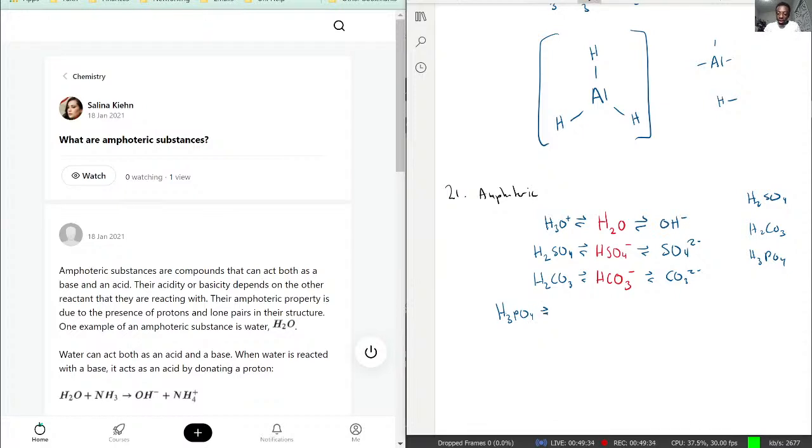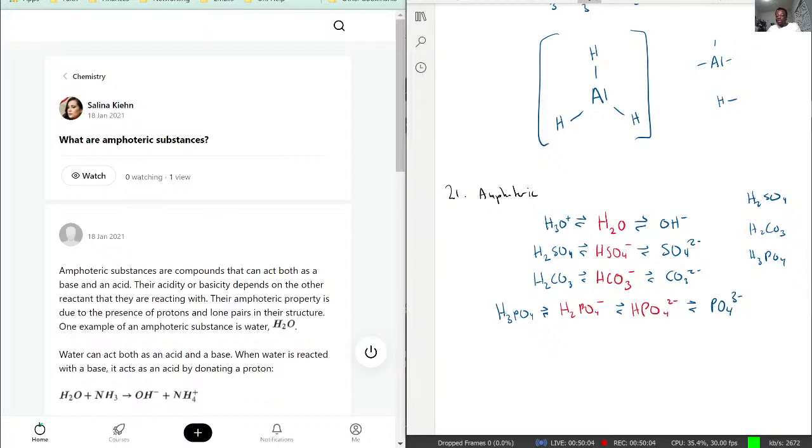And that would be H2PO4 minus and HPO4 2 minus. And then we have PO4 3 minus.